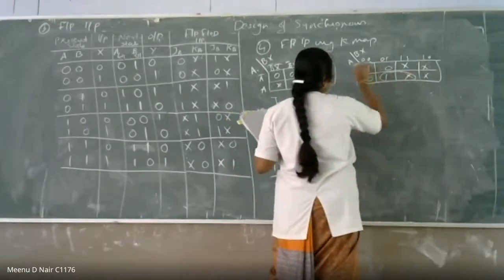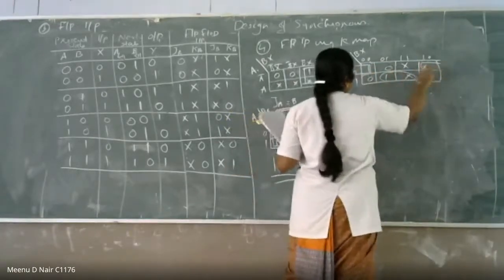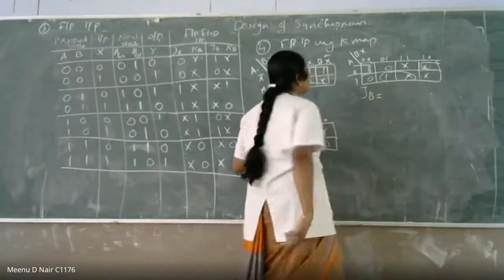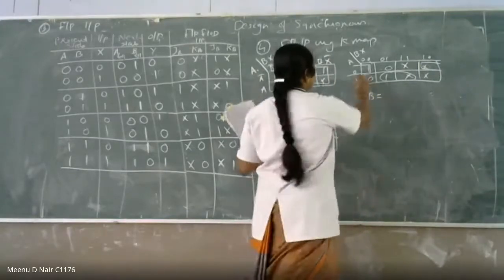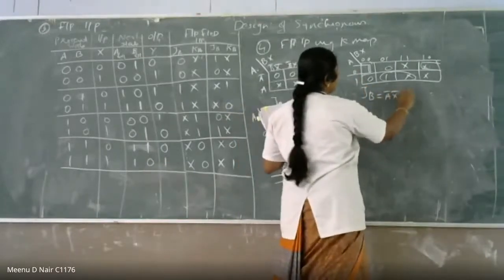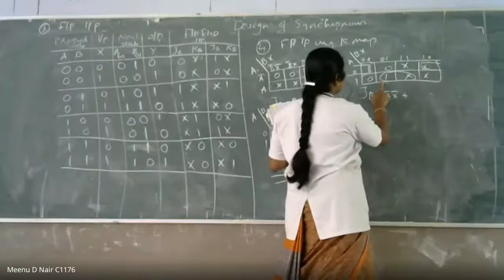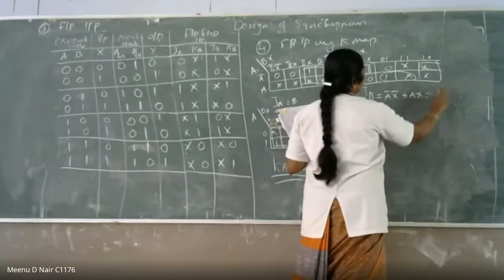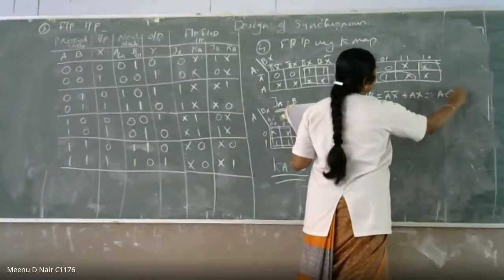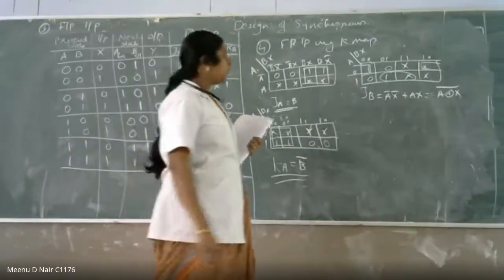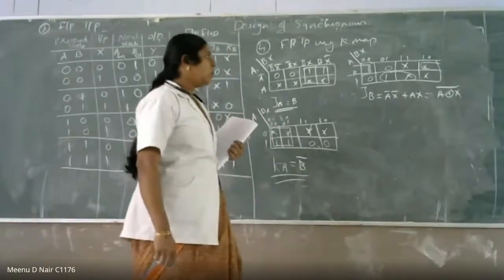This is one pair and this is another pair. So JB is equal to, what is common here? A bar X bar plus AX, which is equal to A XOR X whole bar. That is nothing but A XOR X, we are putting it as A XOR X whole bar.